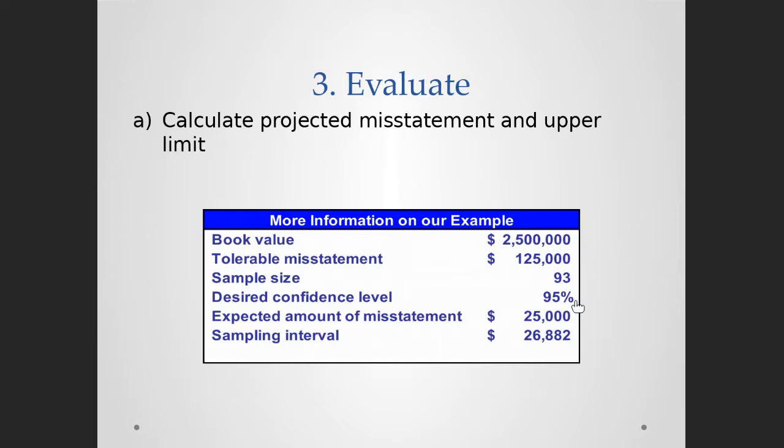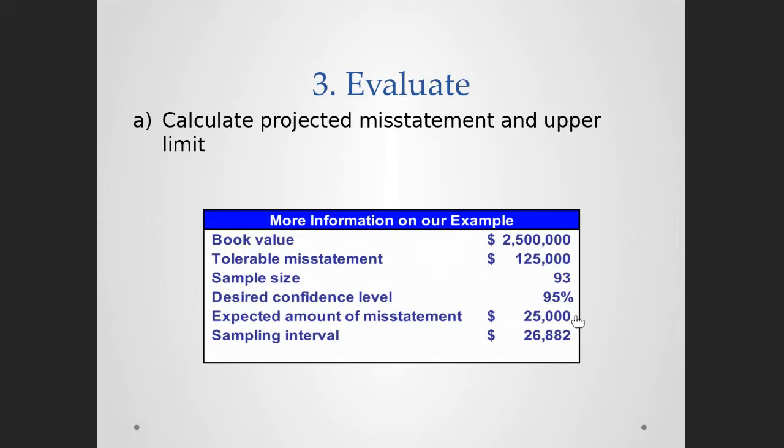what is the word? We want to be 95% sure that the sample is, what is the word? This will get you 0 marks. Tell me the word. Representative. Very good. Representative. Expected amount of misstatement, 25,000.